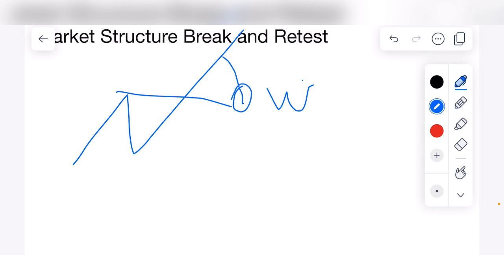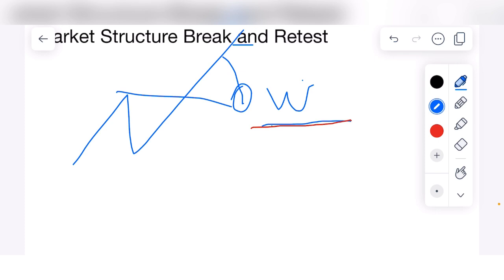Your stop loss should be below the internal double bottom structure. Your stop loss must be below your double bottom structure, and then your take profit should be where the price or the market reverses.